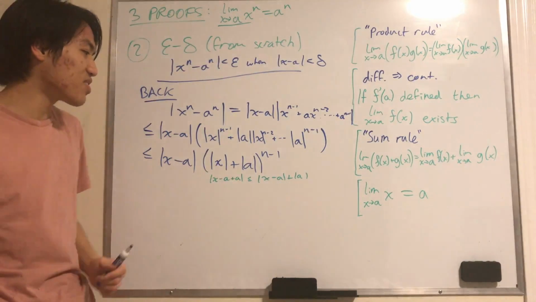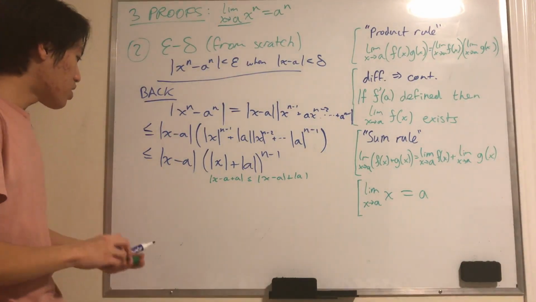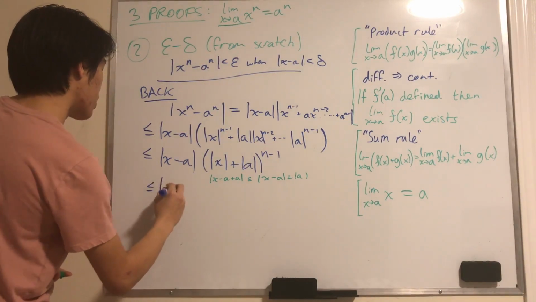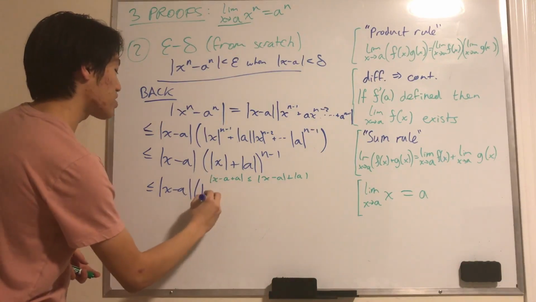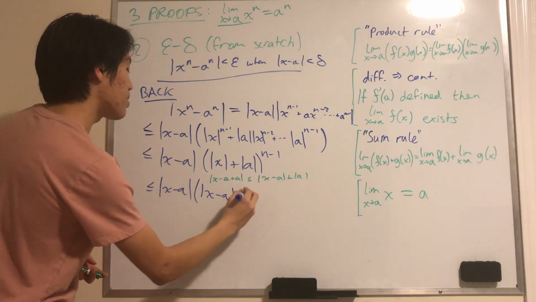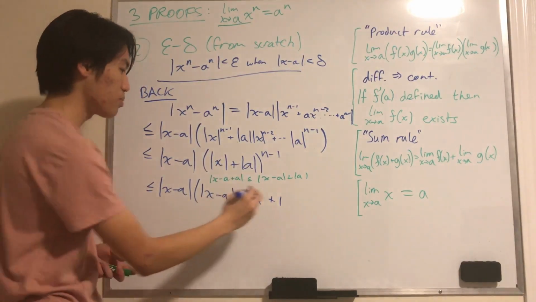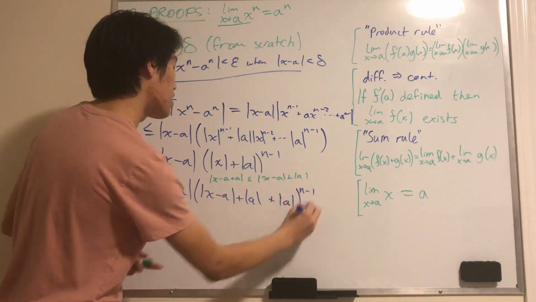So it's really nice if I have one of those. Alright, here we go. On our next line we can write this is less than or equal to absolute value of x minus a plus absolute value of a, and then plus the absolute value of a we had before, all to the power of n minus 1.